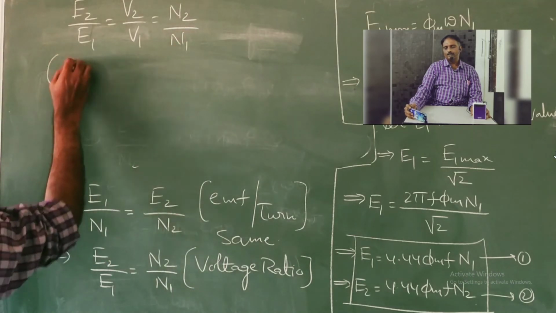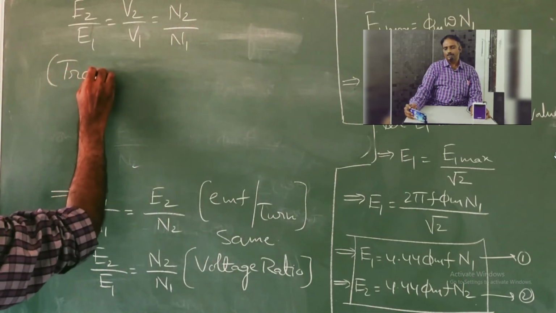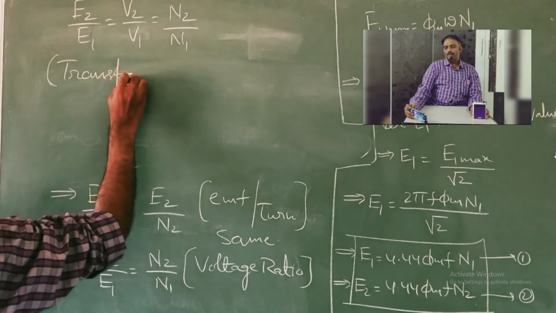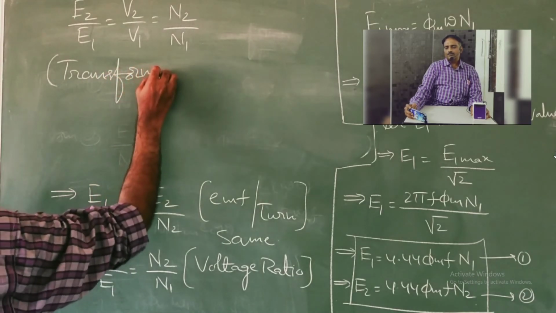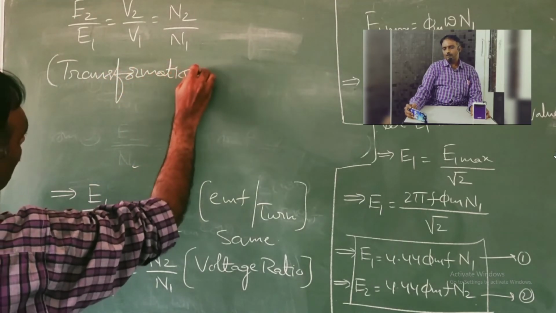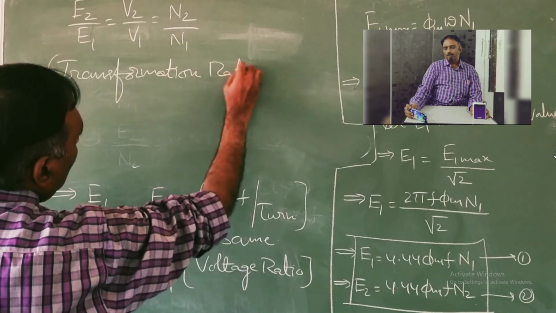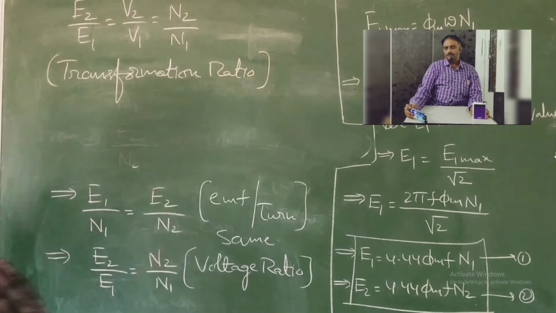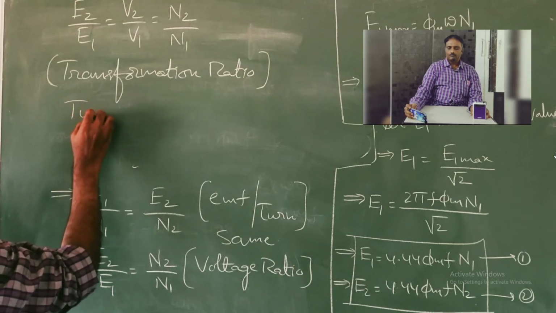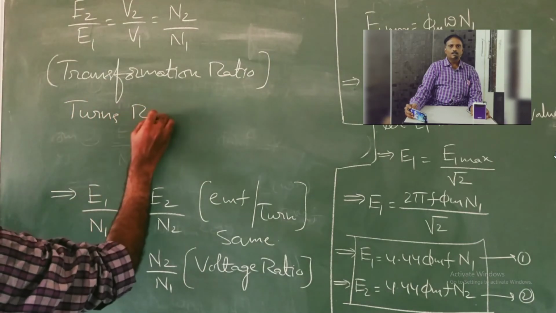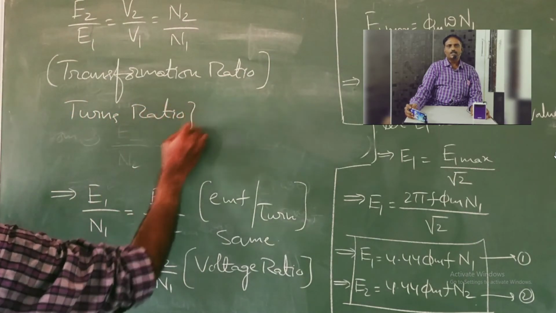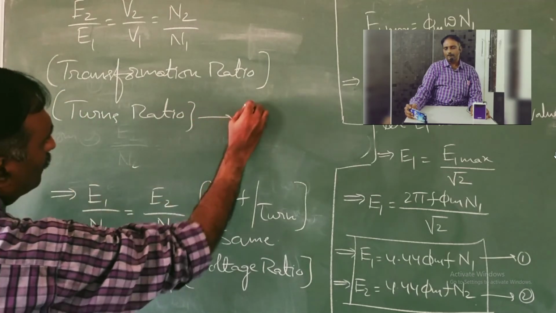So here V1 is the supply voltage and V2 is the terminal voltage or the load. And this ratio can also be considered as transformation ratio or turns ratio. Generally, this transformation ratio or turns ratio is going to be expressed as K.